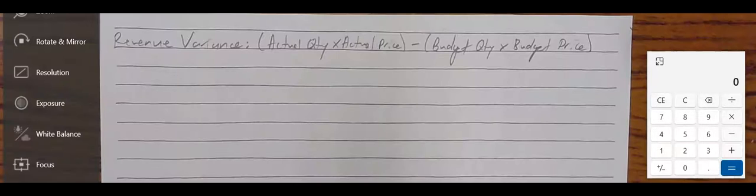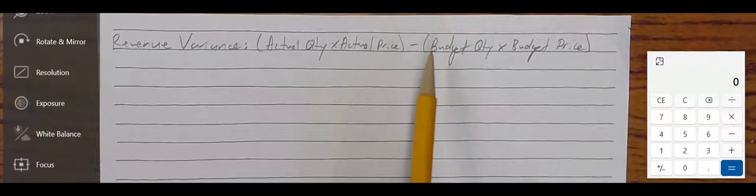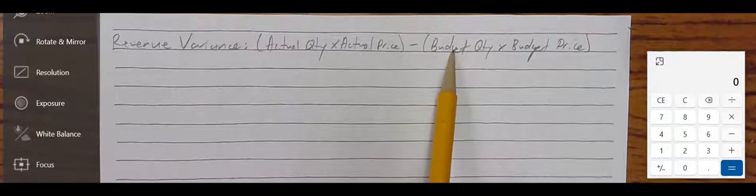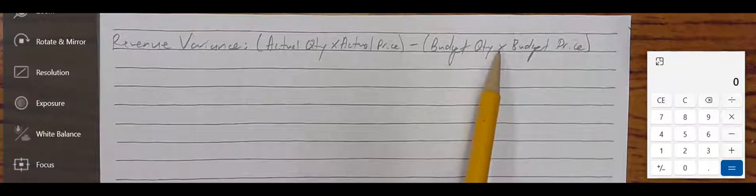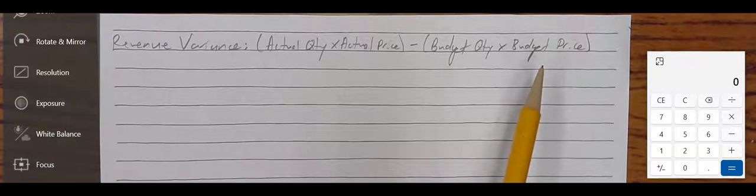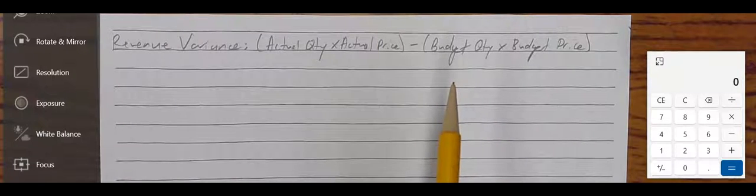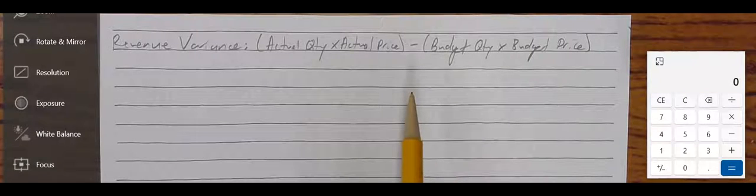The revenue variance is the actual quantity sold times the actual price, from which we subtract the budgeted quantity times the budgeted price. We also have to determine whether the variance is favorable or unfavorable.